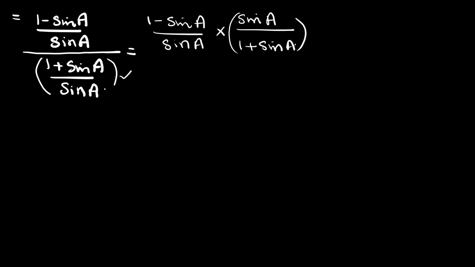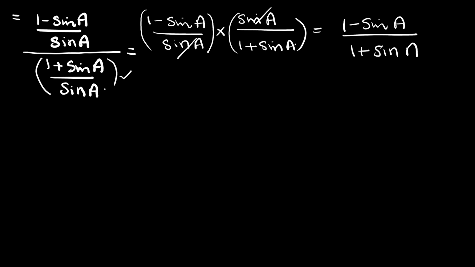Okay. Now what happens? Here this sin A and sin A got cancelled. Remaining term is 1 minus sin A divided by 1 plus sin A.